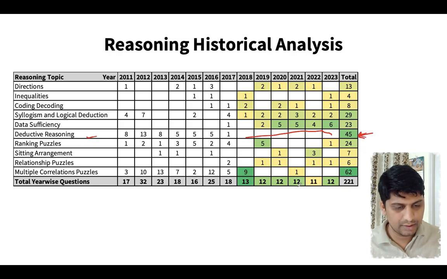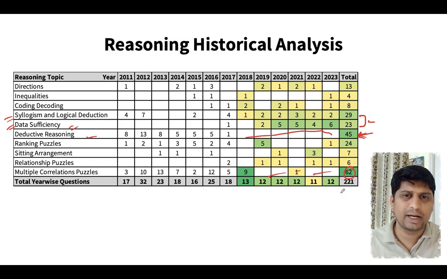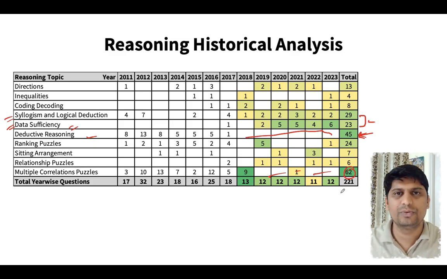This also doesn't seem so important, because 0, 0, 1. So probably these two areas are more important: data sufficiency and syllogism and logical deduction. So you can practice these questions, and once you practice, then slowly you'll understand what's going wrong, what needs to improve, and then you'll improve.